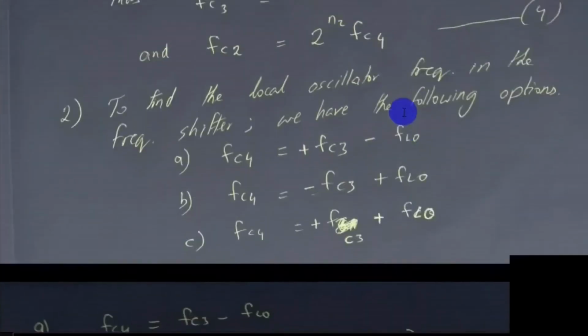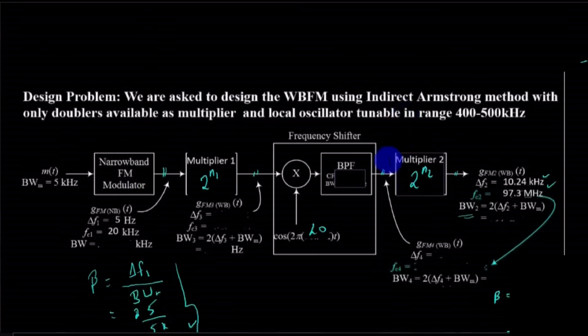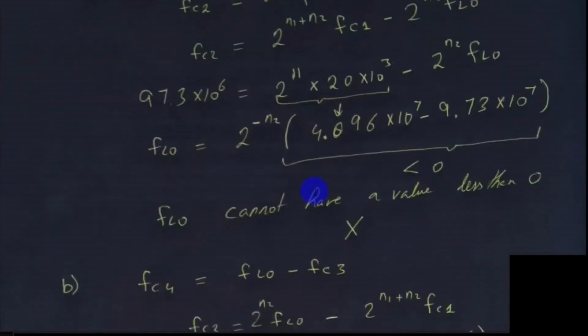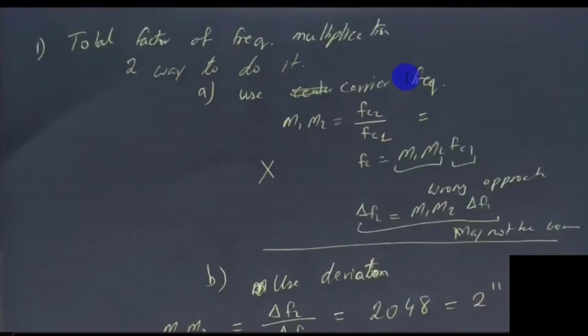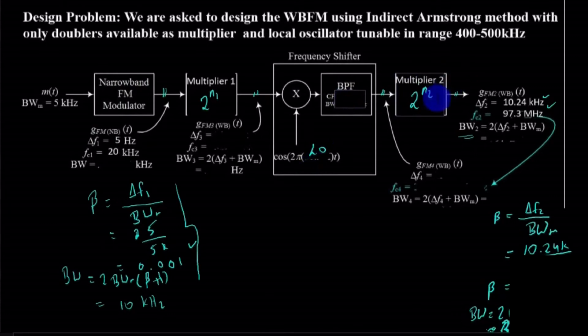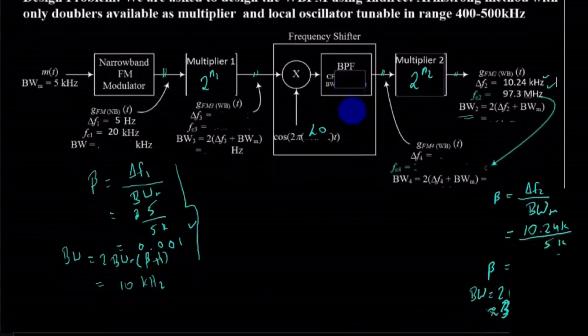And what are the rest of the blocks? We have FC1, multiplied by 2 power n1. So we'll have 2 power n1 times FC1, and remember there was a minus sign for the local oscillator, so we would have minus FLO. This whole block is multiplied with the preceding blocks, right?